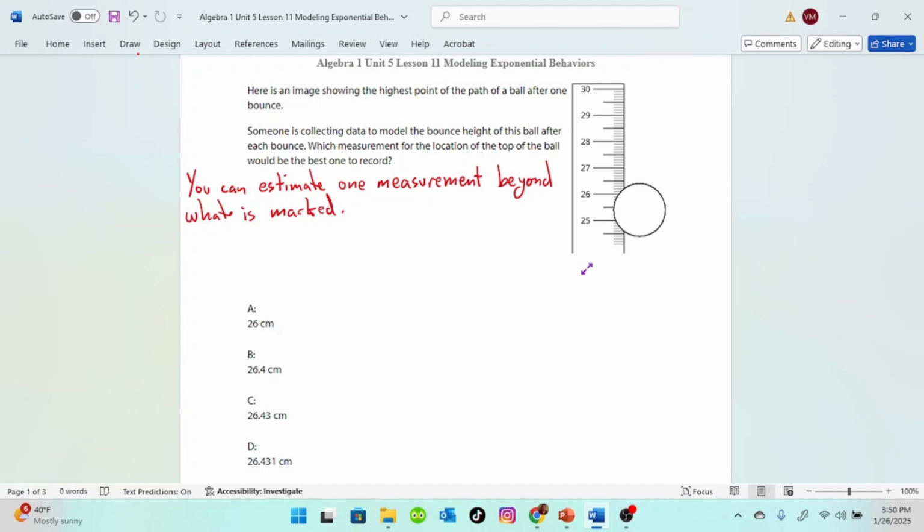The next thing that you need to know in order to solve this is that each numbered line is a centimeter.